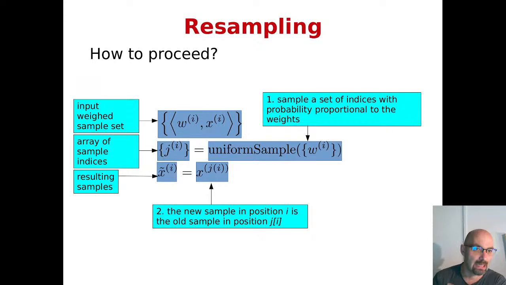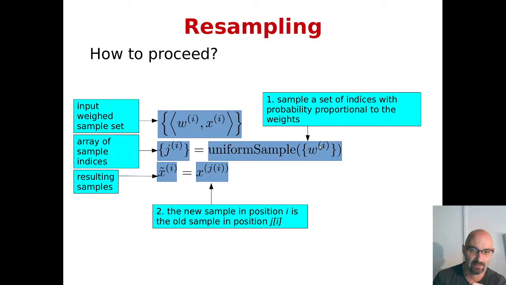So basically, the input is a set of weighted samples, where x_i is my sample and w_i is my weight. Then I can apply the function of uniform sampling that we saw 2 or 3 slides ago to obtain a set of indices. These indices are the indices of the weights, selected according to the value of the corresponding weight.